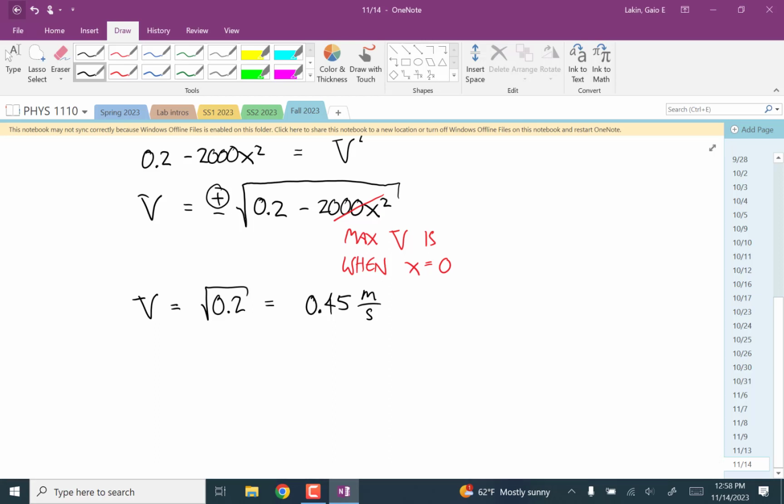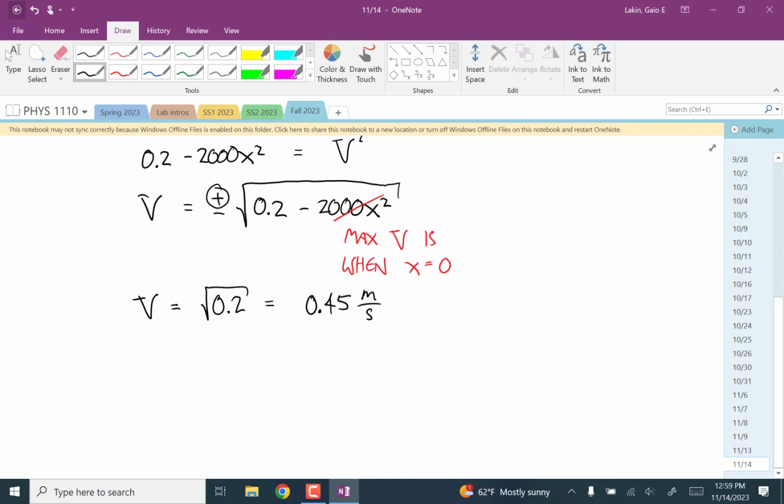Think of it like, in order for this to give a real answer, how many people here have talked about imaginary numbers in math classes? Most people. Well, any imaginary answer to this is meaningless to us. So this only makes sense for answers that are real.